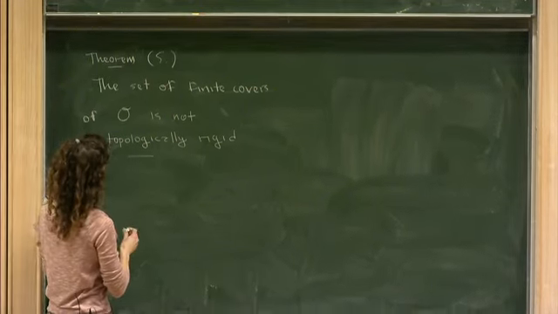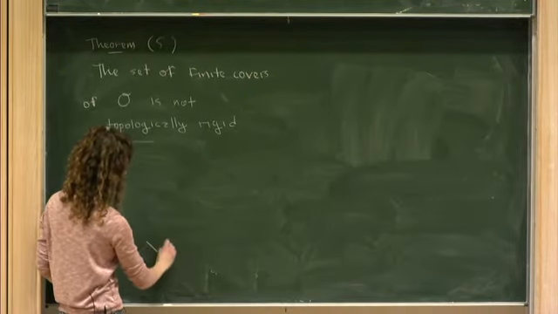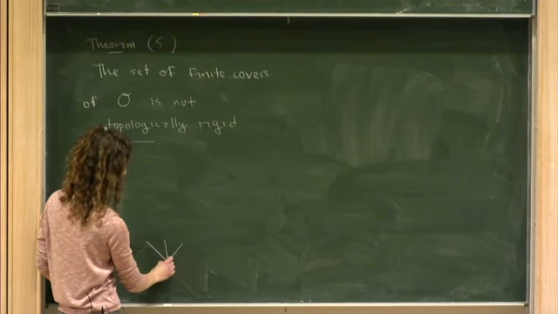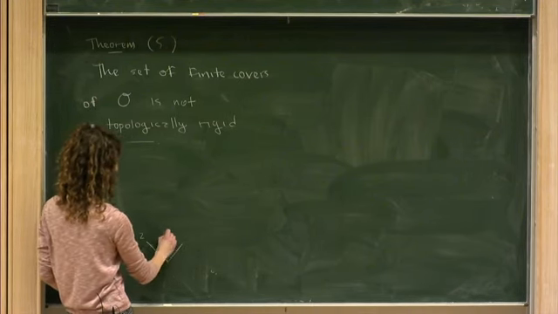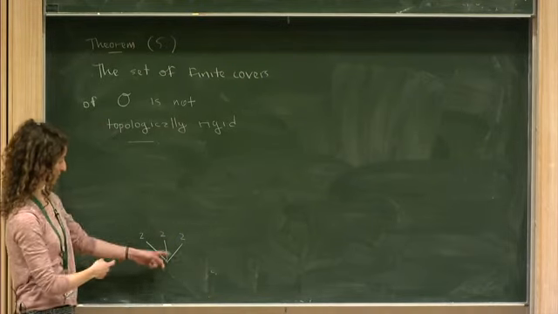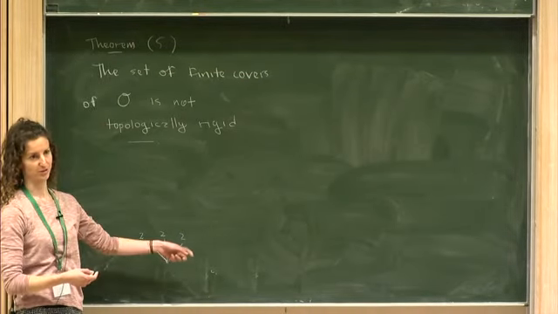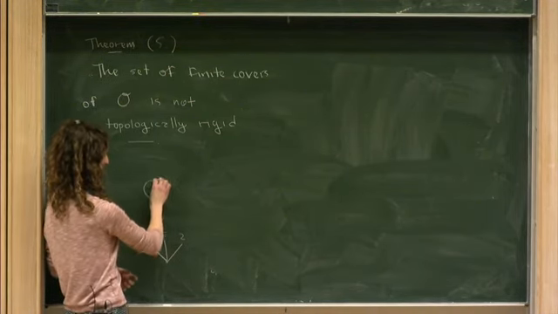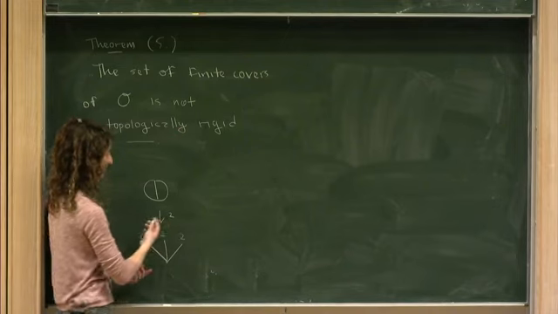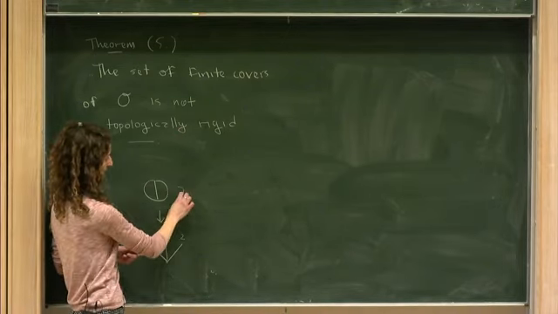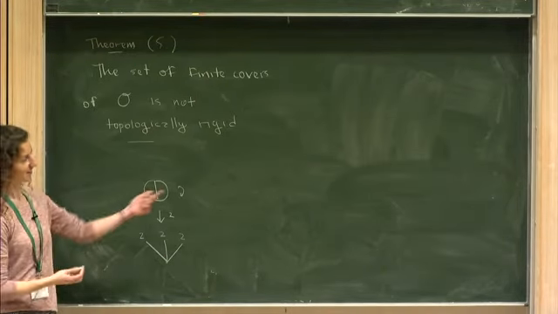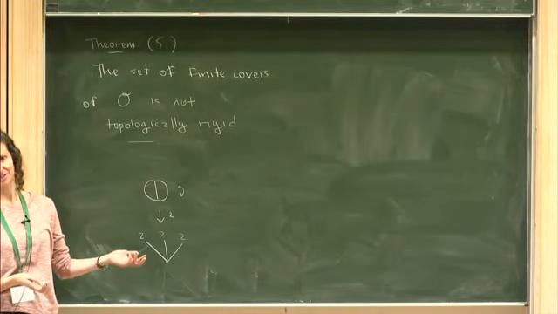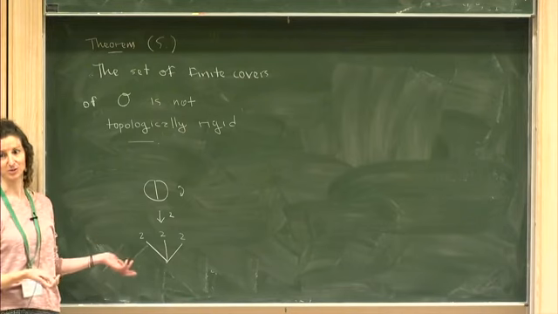And the reason is that the singular subspace is itself an orbital complex with underlying space a tripod and three orbifold points of order 2. And this is twofold covered by the theta graph, where the cover is just given by reflection. And the class of graphs is not topologically rigid. So you can expect the same to hold here.